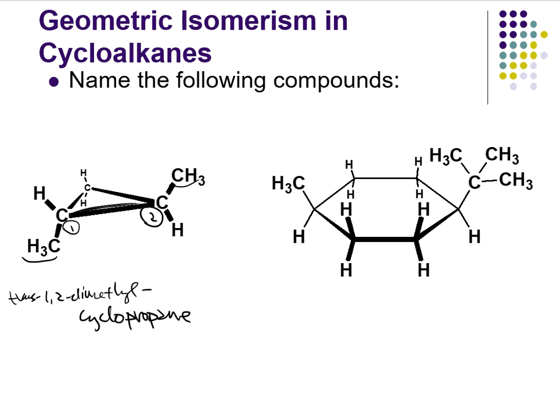Here on the right-hand side, we'll do this one as well. Again, this is looking from the side, and it looks like I'm looking from the side of a six-membered ring. So this is a cyclohexane. And if I look at this, I've got a group that's going to be here, and I also have a group that's going to be here. This group is called a methyl group, and this group is going to be our tert-butyl group, right?